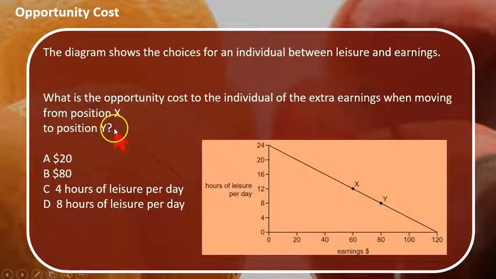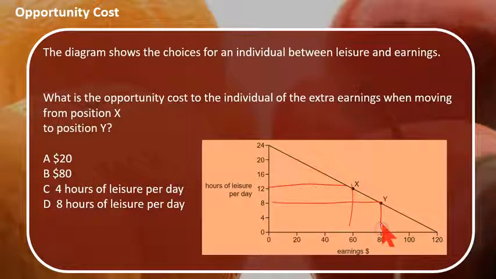Now the question says, what is the opportunity cost to the individual of extra earnings when moving from position X to position Y? At position X, he is having 12 hours of leisure per day and his earning is $60 per day. If he moves from position X to position Y, let's see the situation. In order to get $20 extra earning, he will have to sacrifice 4 hours of leisure, right?